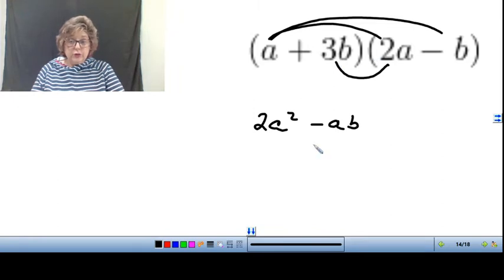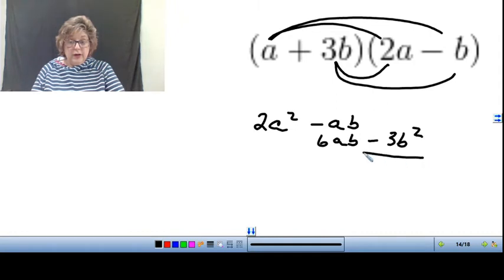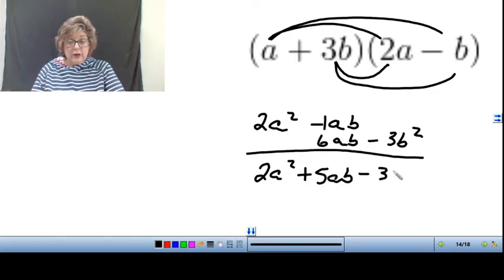So 2 times 3 is 6ab, and then the 3b times a negative b would be a minus 3b squared. Add straight down, so this would be 2a squared plus, now there's an unwritten 1 right there, so it would be plus 5ab minus 3b squared.